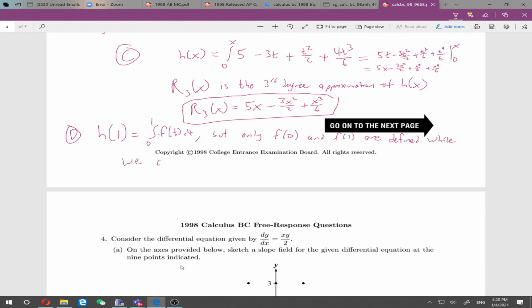Well, we can approximate f of x on the interval from 0 to 1, as f of x is indeterminate on the interval from 0 to 1, h of x is also indeterminate.